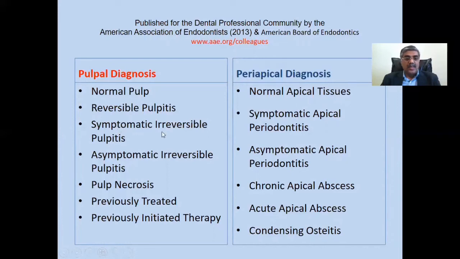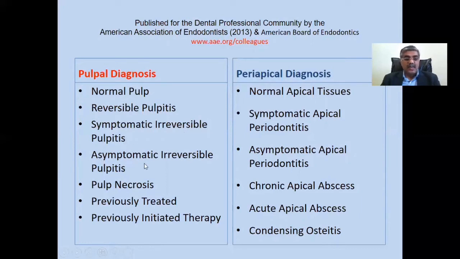The next one is symptomatic irreversible pulpitis. Here, when a thermal stimulus in the form of cold or heat is applied and then removed, there will be lingering pain for more than 30 seconds. The patient will feel a continuous painful response for more than 30 seconds. Then we say it is irreversible pulpitis.